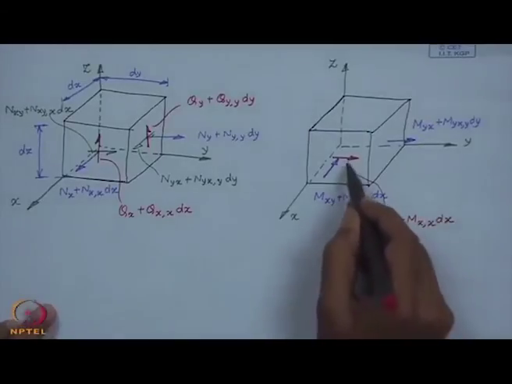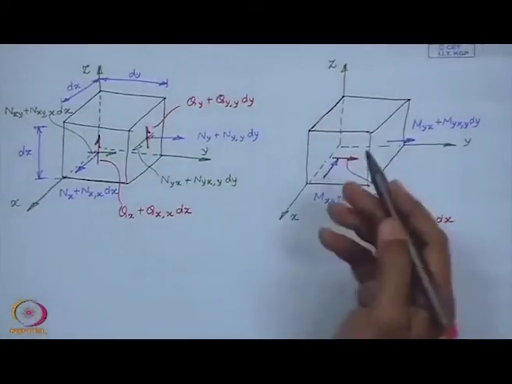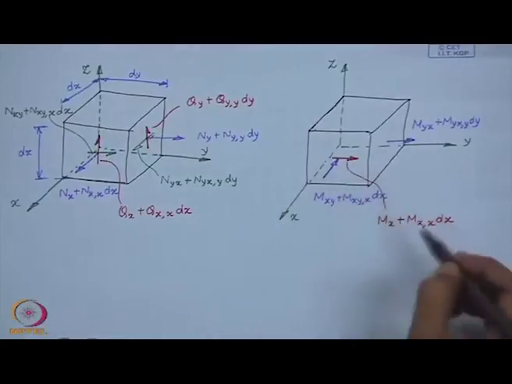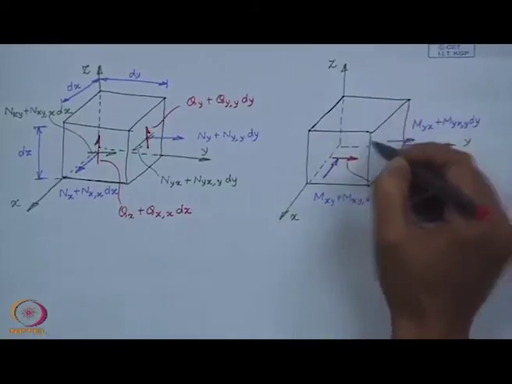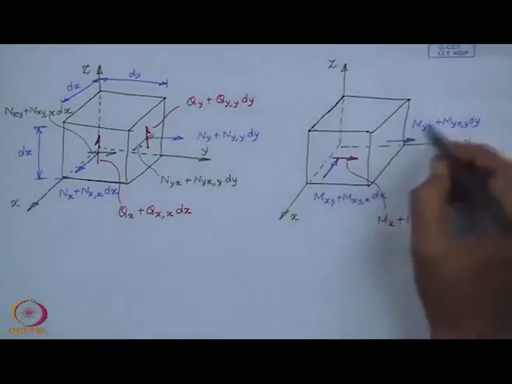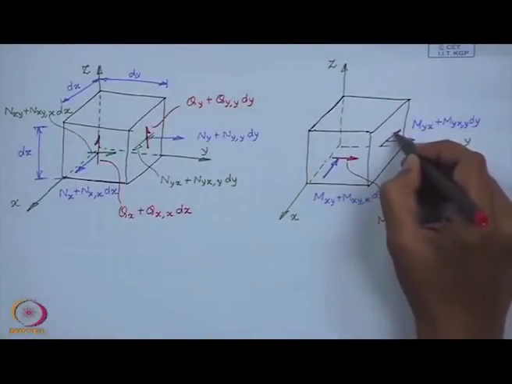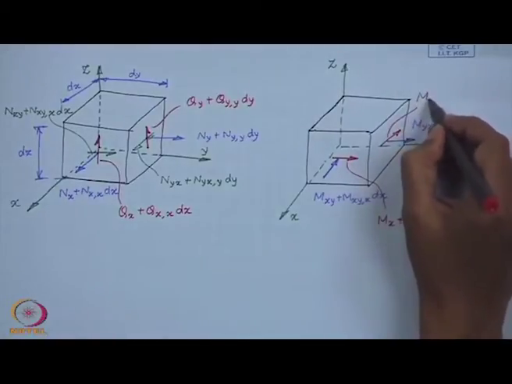This is the moment because of the normal stress sigma x x. That is going to follow the right hand rule. On the face x equal to 0 you have just m x in the opposite direction, and on this face it is because of sigma y y.